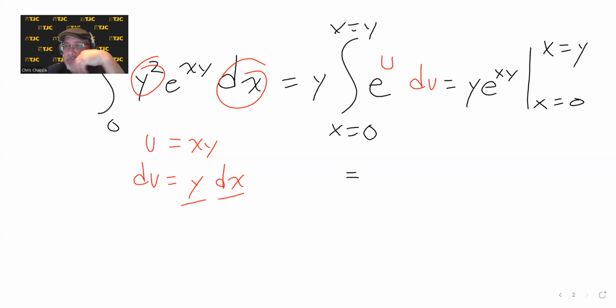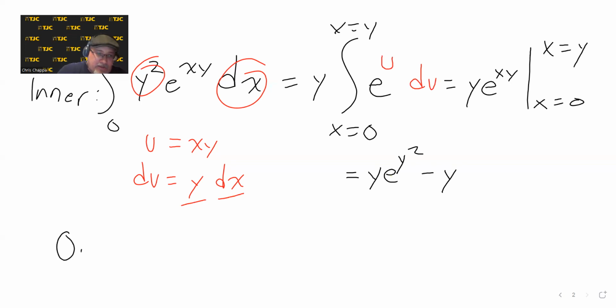All right, when we put in y for the x, we get y e to the y times y, which is y squared, minus, when we substitute 0 for the x, we get y times e to the 0, which is just y times 1, which is y. This won't be too difficult an integral to do because we can do a u substitution on the y e to the y squared. But there's the results of the inner integral.